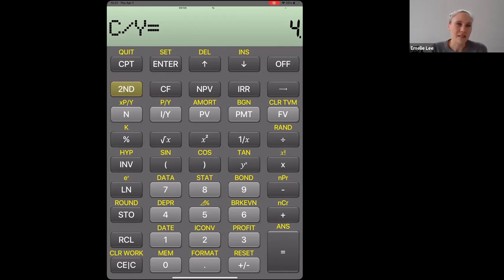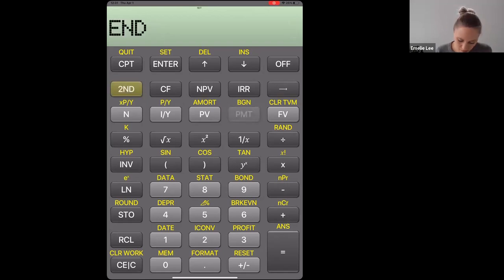So let's see here. Compoundings per year. Next stop, beginning or end mode. Just as a refresher, we can just leave it in end mode. But if you want to exit out of a second menu, you have to go second quit. And then the begin mode is over the PMT button.